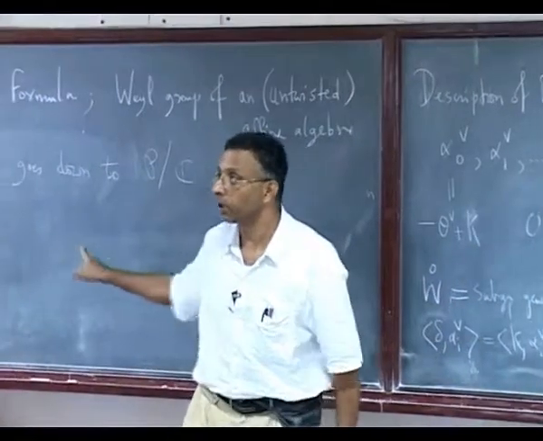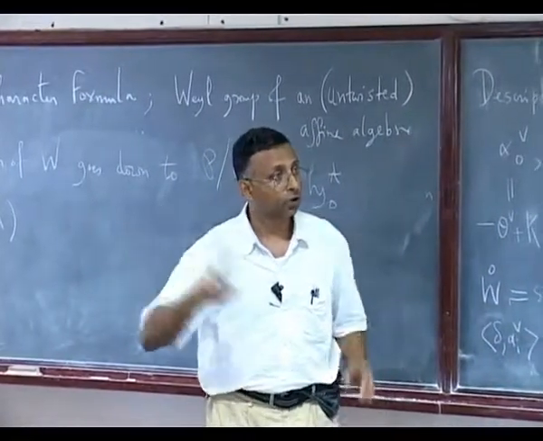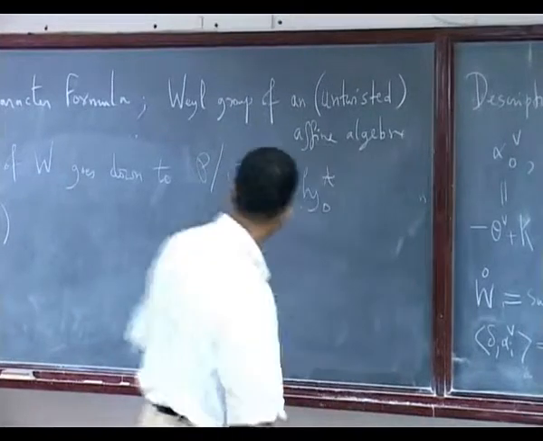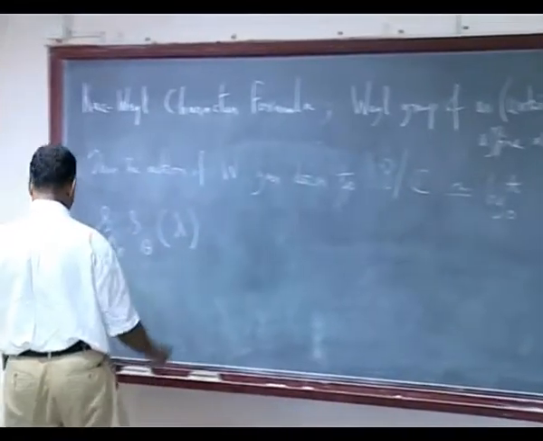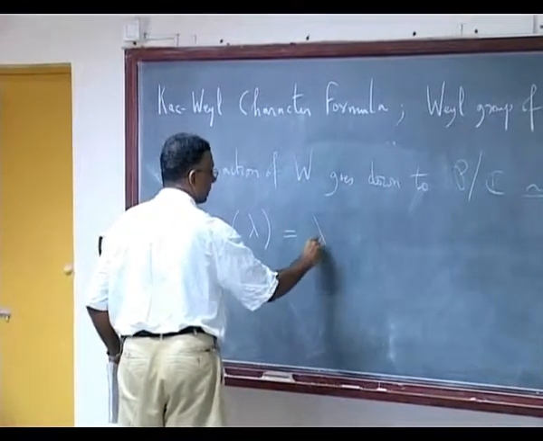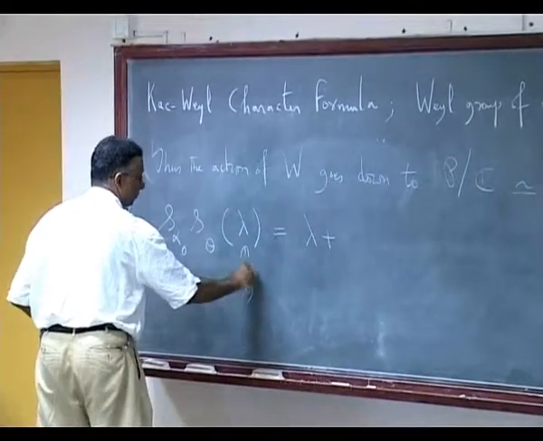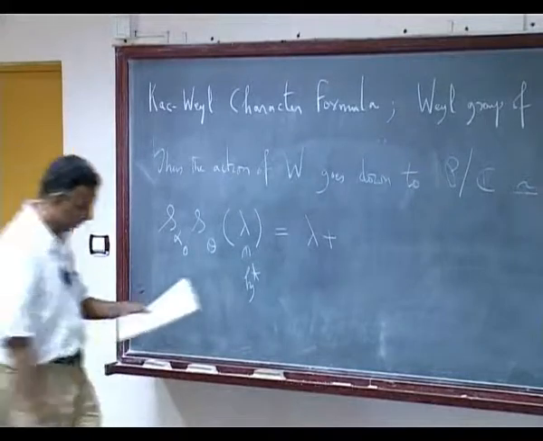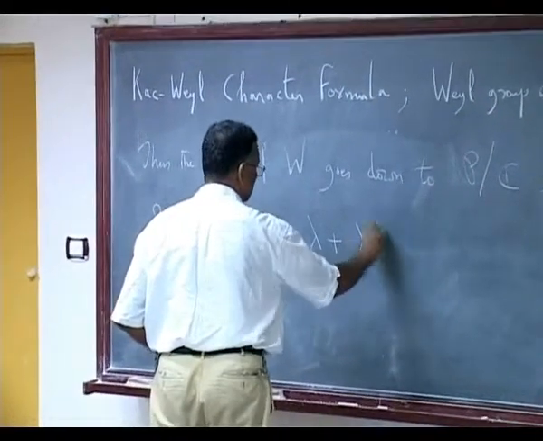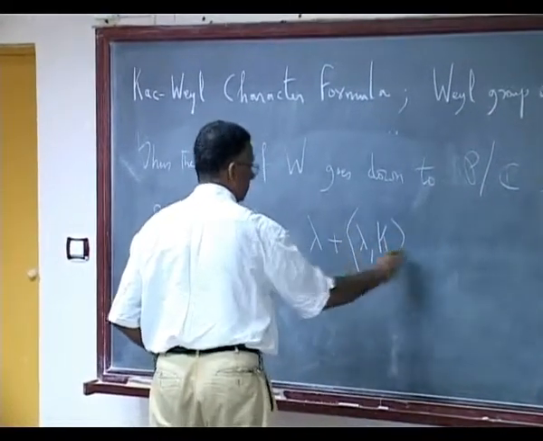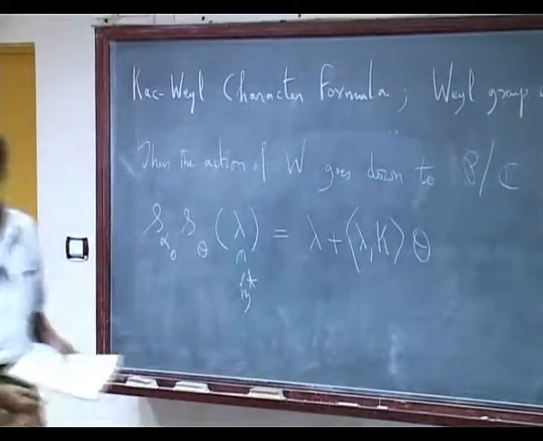So I am going to write down something and ask you to check that. Lambda is in H star. If you do this computation, you will get lambda plus something with theta.